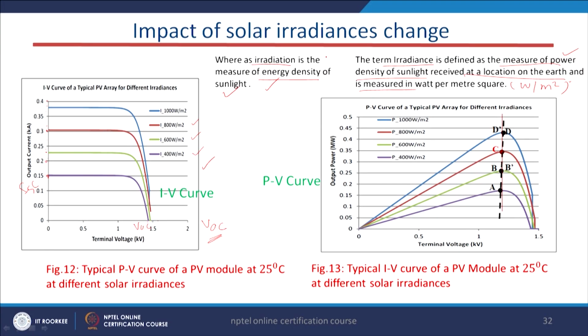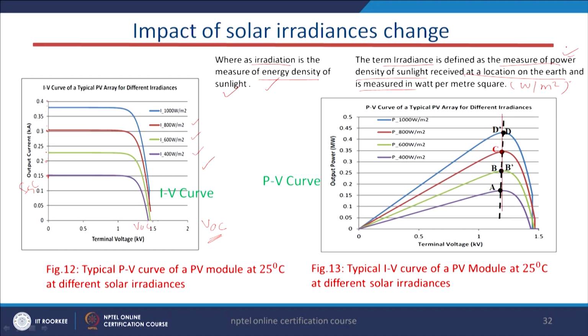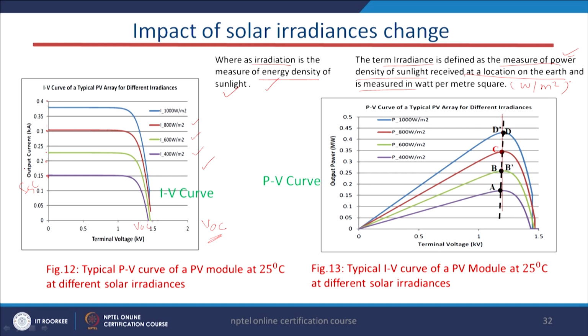The reason behind it is when this irradiance increases, meaning the power density in the sunlight increases, the photons increase. This means the electron pairs increase more and then the current flow will be more. That is why the short circuit current magnitude increases and the voltage remains almost constant here.